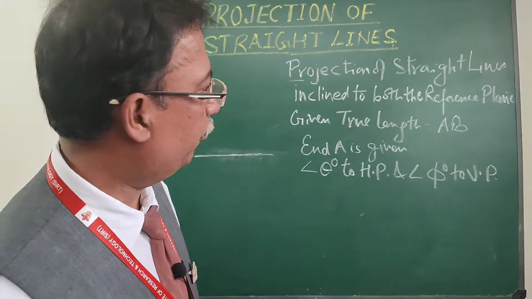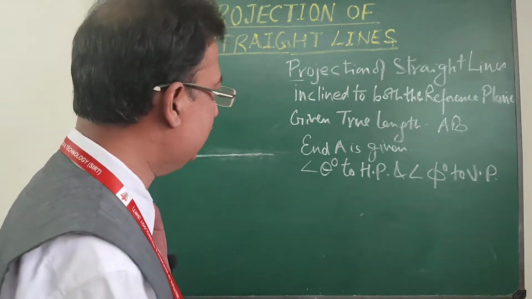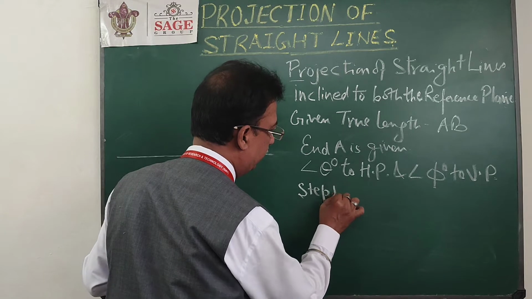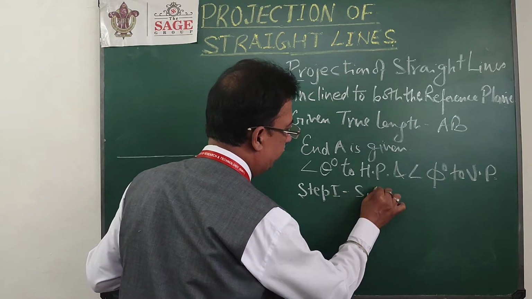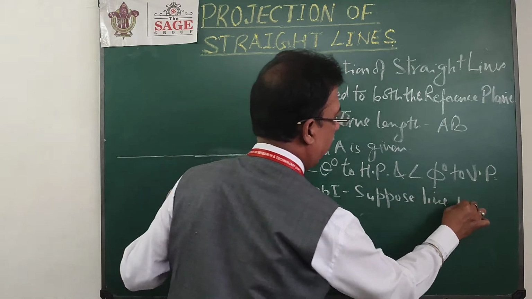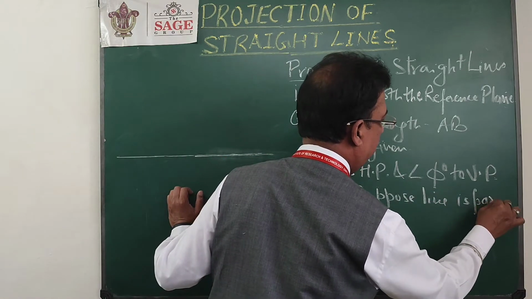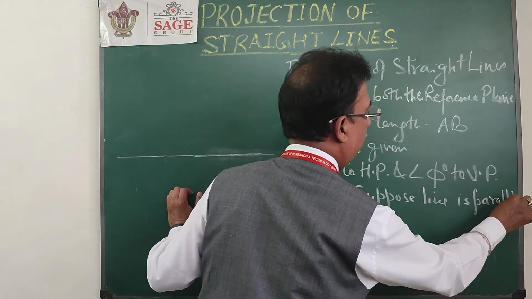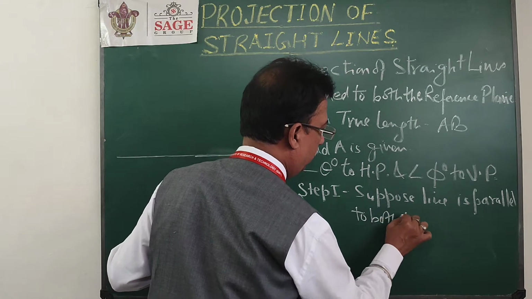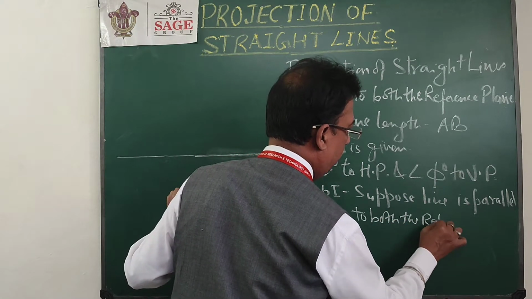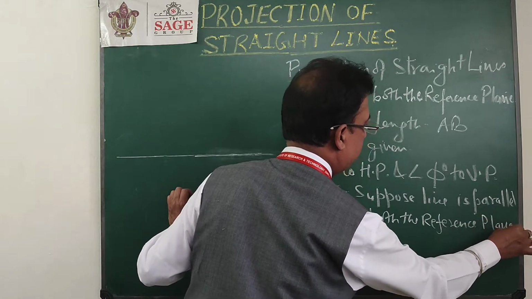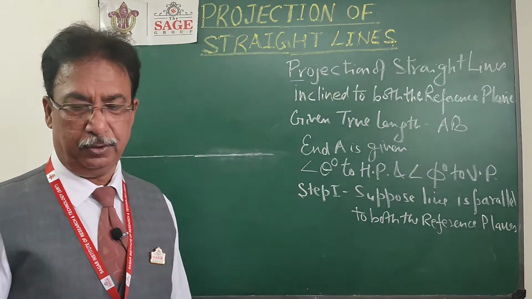My first step, step 1: suppose the line is parallel to both the planes. So in the first step I am going to suppose my line parallel to both the planes.